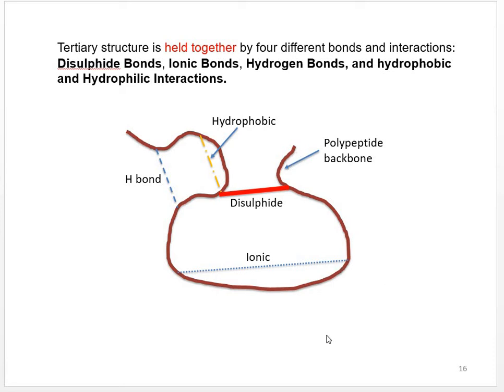Otherwise, they won't be able to stay as they are. If they're not able to maintain the shape, they're not able to function. So the role of these bonds is very important. If you apply heat or something that can destroy these bonds, you will cause what we learn in a later chapter: denaturation.